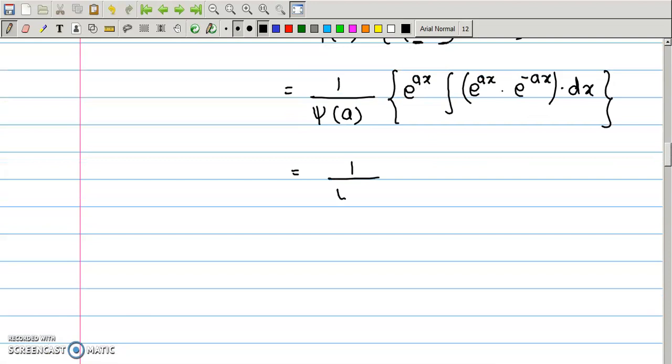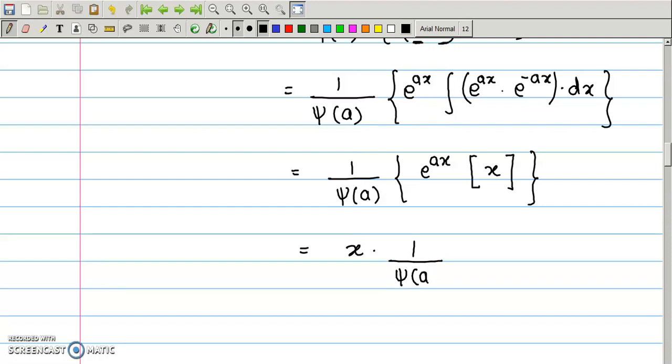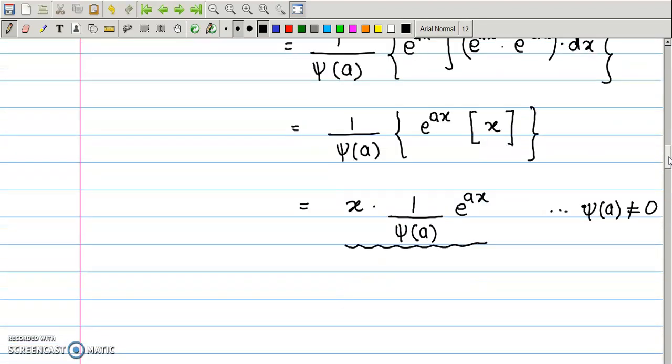So this will be 1 upon psi of a e raised to ax as it is, and the value of integration will be x. Therefore we can rewrite it as x into 1 upon psi of a into e raised to ax. This is your required particular integral, provided that the value of psi of a is a non-zero term.